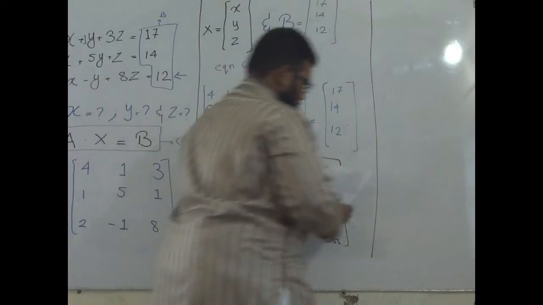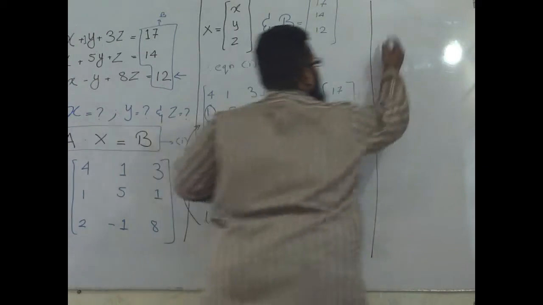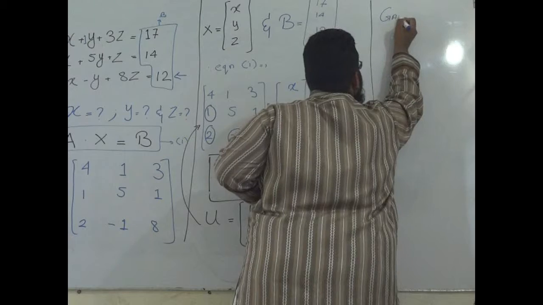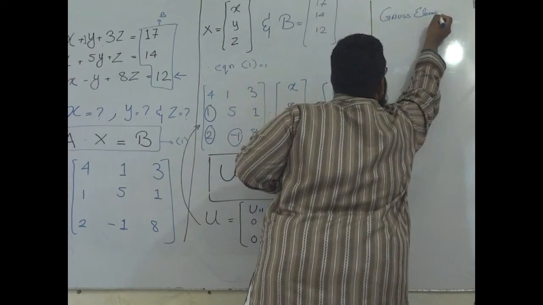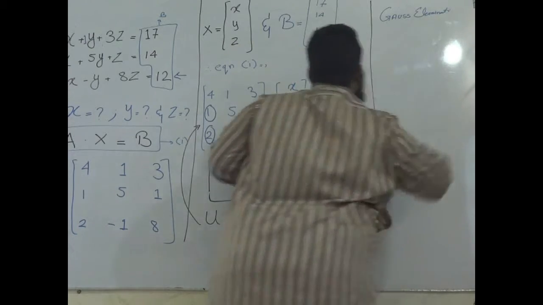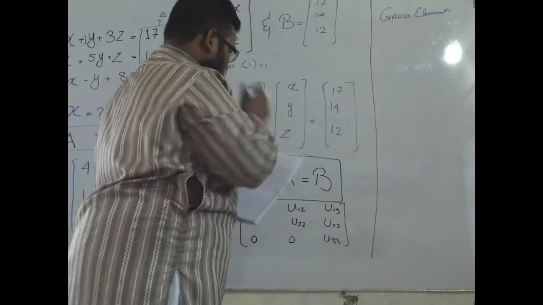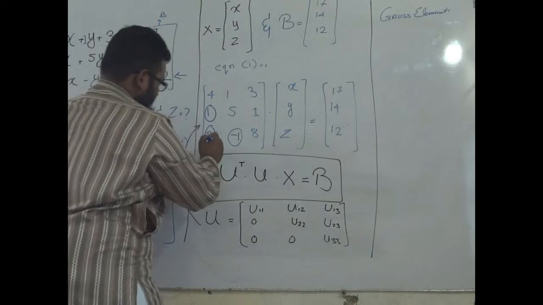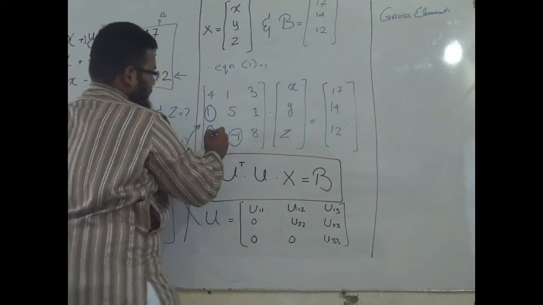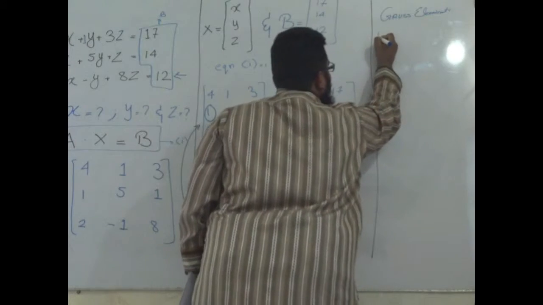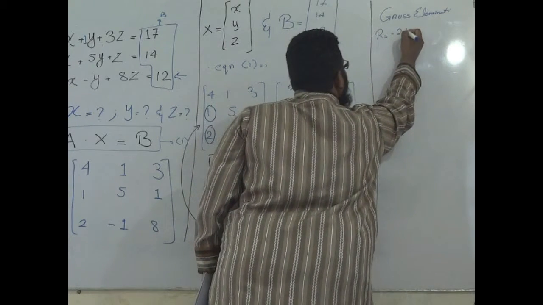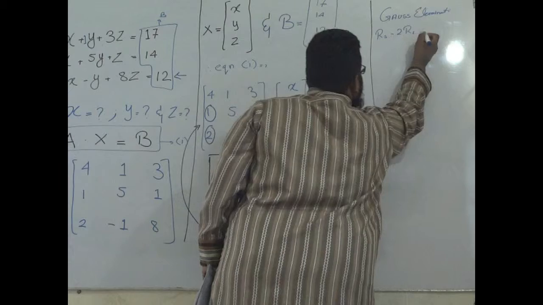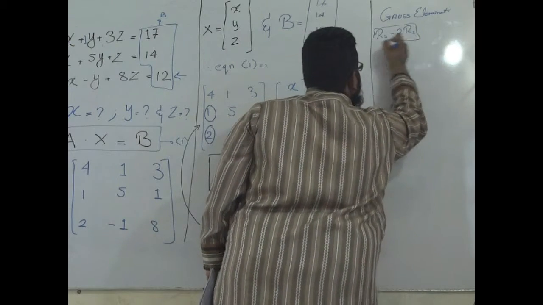For this I will use the Gauss elimination method. Okay. Now first of all, to make this 0, I will do R3 minus 2R2. I will do this step first.